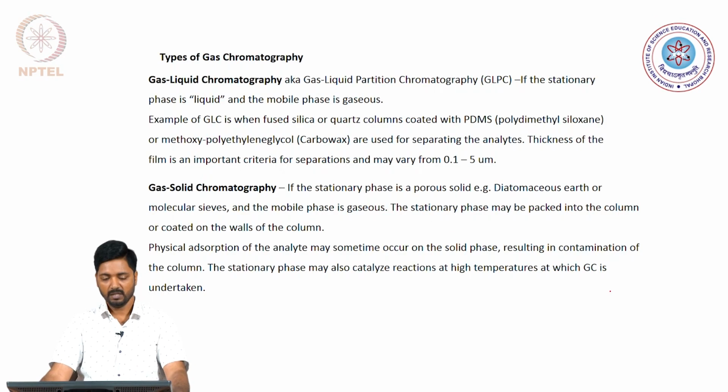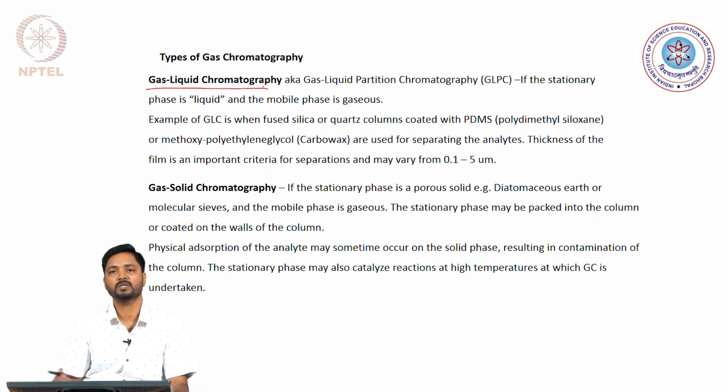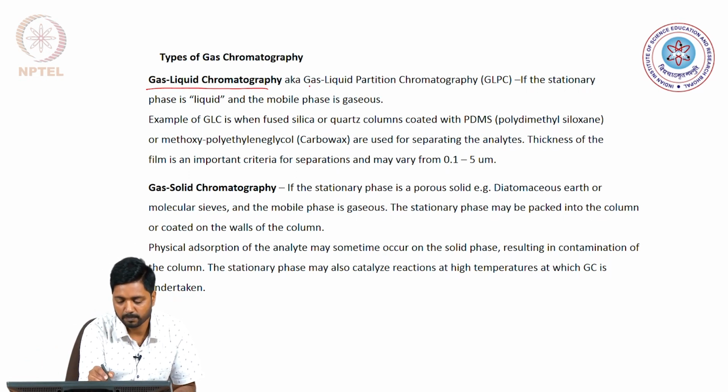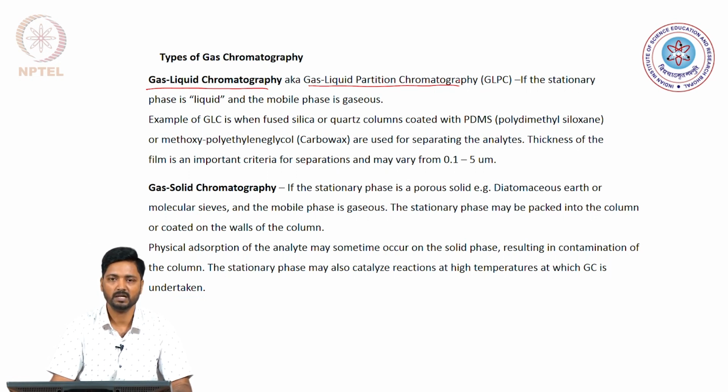For example, in gas liquid chromatography, whose most appropriate name should be gas liquid partition chromatography, our solute gets partitioned between the liquid phase, which is acting as the stationary phase, and the gas, which is the mobile phase or the carrier gas, which drives the analyte through the chromatography column.